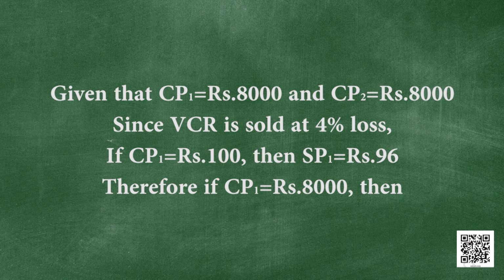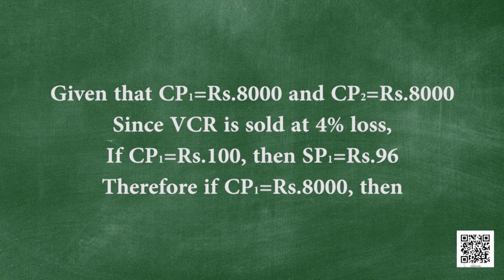Given that CP1 is equal to rupees 8,000 and CP2 is equal to rupees 8,000. Since VCR is sold at 4% loss, it is clear that if CP1 is equal to rupees 100, then SP1 is equal to rupees 96.